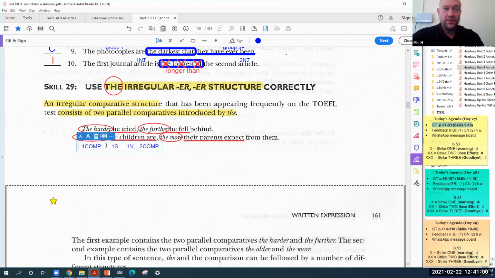Okay. So now, after the second comparative, what's next? The second subject, their parents.